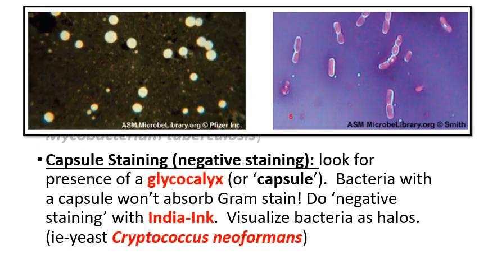Okay, so here on the left, you see the ink has stained the liquid that these yeast cells are floating in, but the stain is not able to penetrate the capsule, so these hollow spaces that you see are actually the Cryptococcus neoformans cells that are surrounded by a capsule.